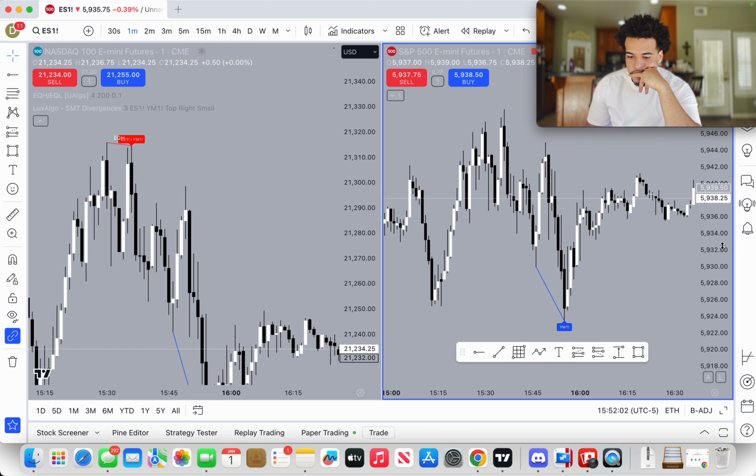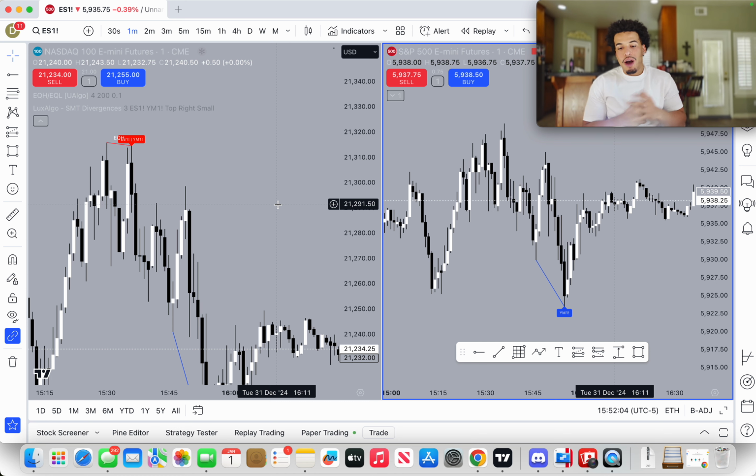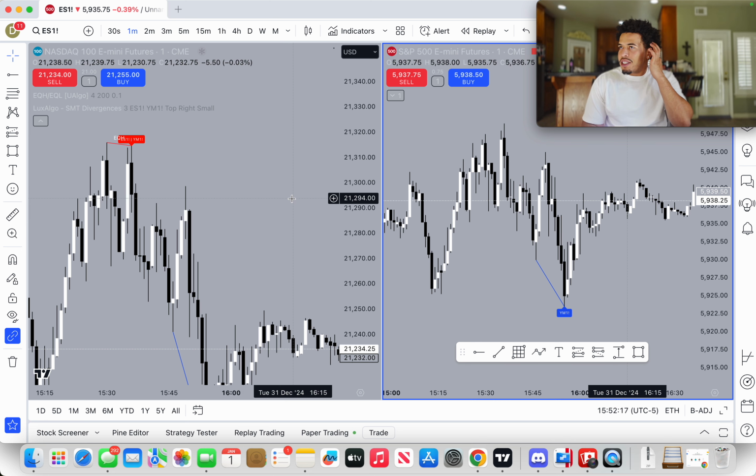SMT, right? So we said we do not want to look for sell side until buy side is taken. I'm not sure if I really emphasized that yet, because I said kind of the opposite: you don't want to look for sell side once sell side was taken.